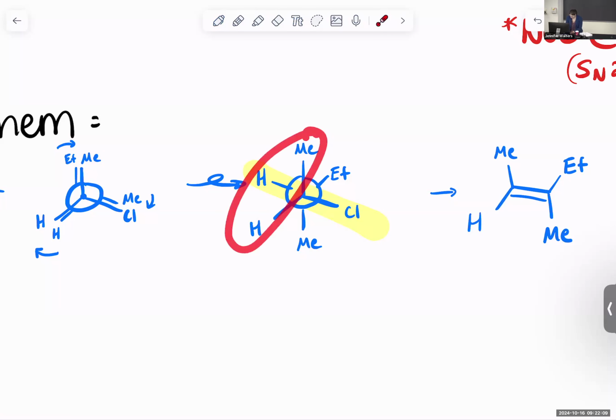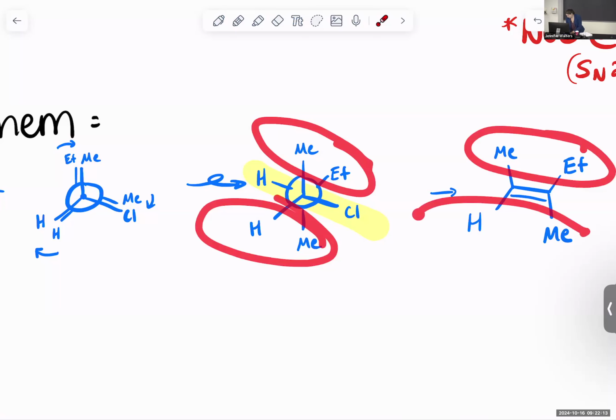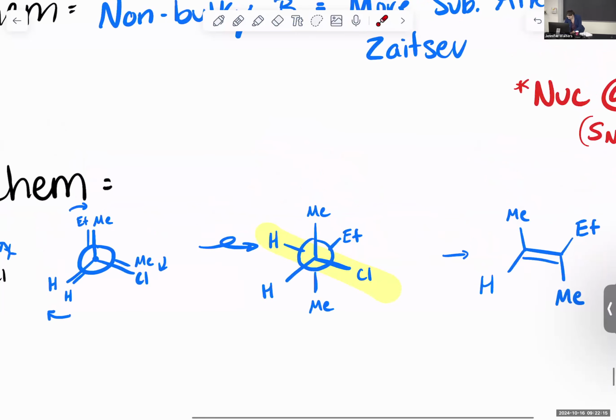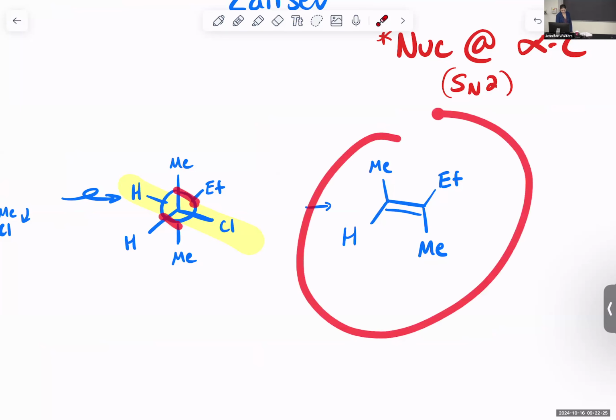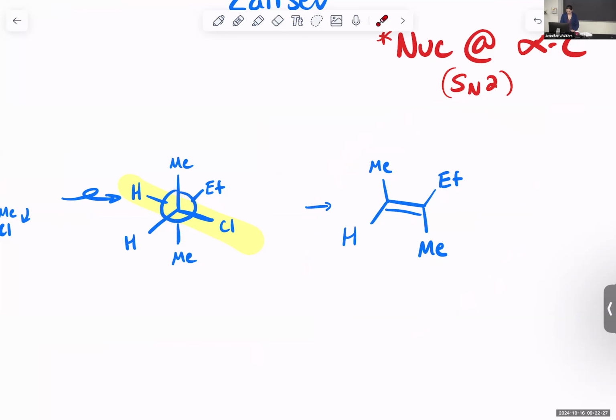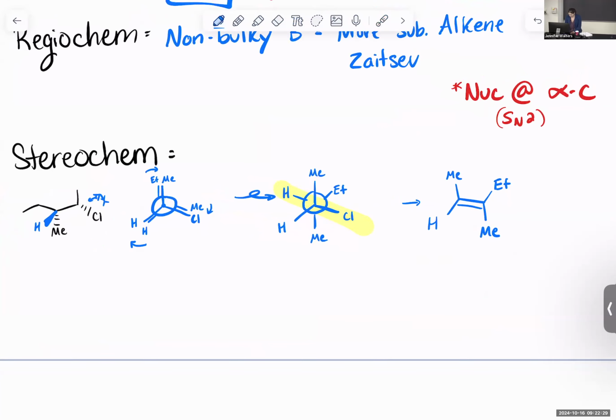So you think about it this way, because we're drawing that double bond right there. That's what gives us the stereochemistry of this product, to see that it actually is Z.